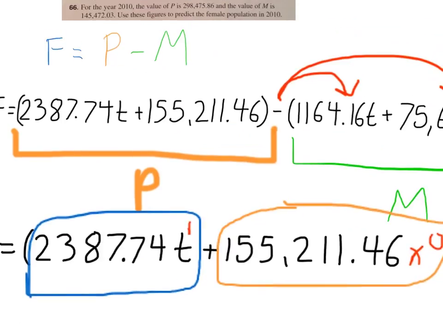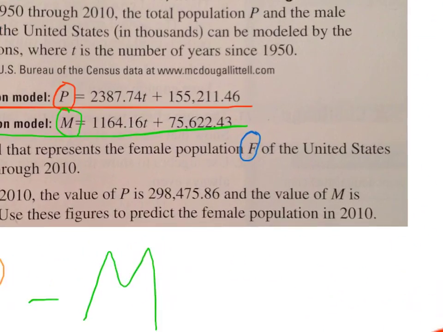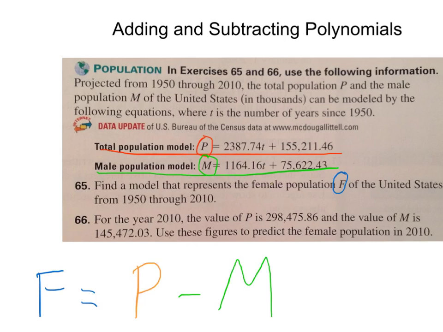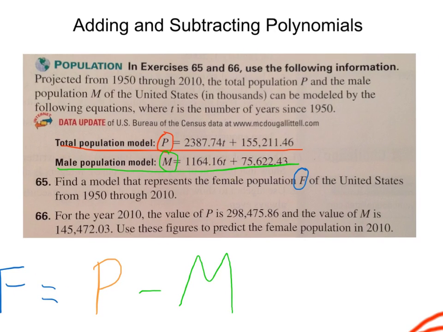Alright, now that we have this equation, we can use it to find the female population for the year 2010. And we know that in 2010 the value of P is this number, 298,000, and the value of M is 145,000.